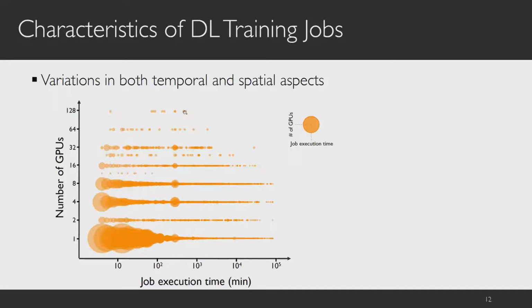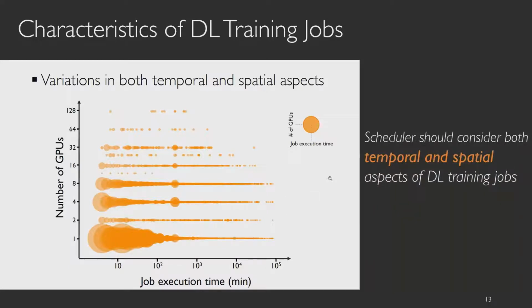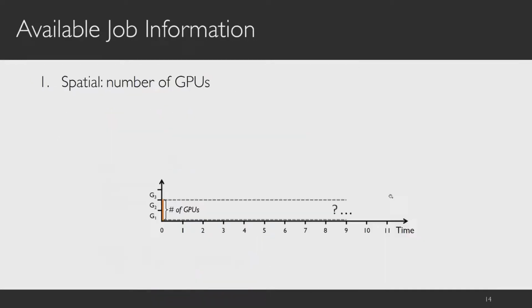That's what they require. So when you look at the scheduling of a job, simply looking at job execution time is not enough, because different jobs may use different numbers of GPUs and achieve different execution times. So the scheduler should consider both the temporal aspect and the spatial aspect of the training jobs.